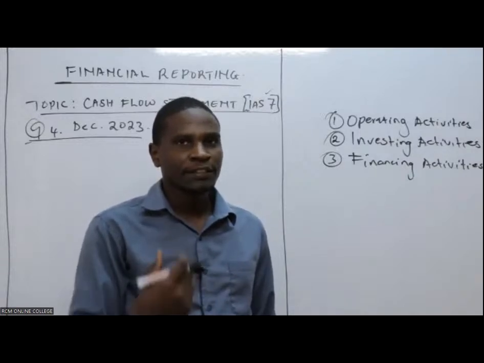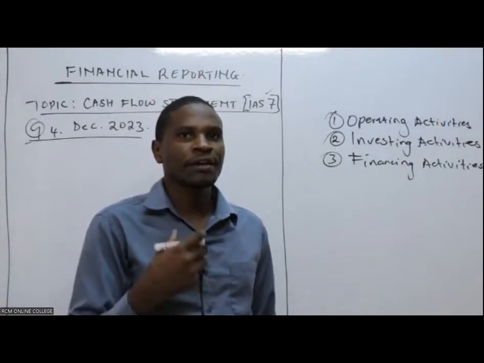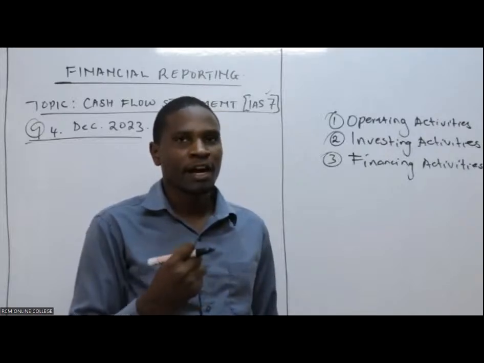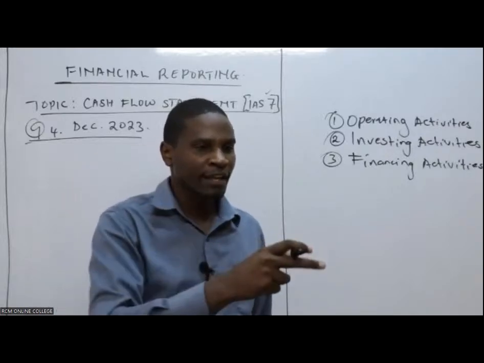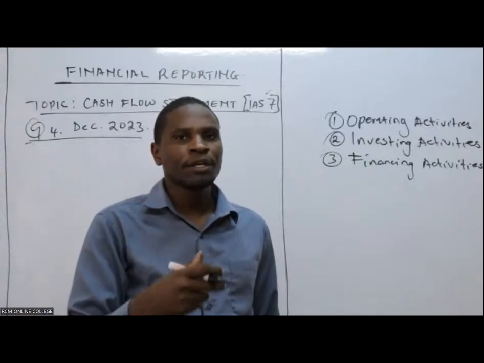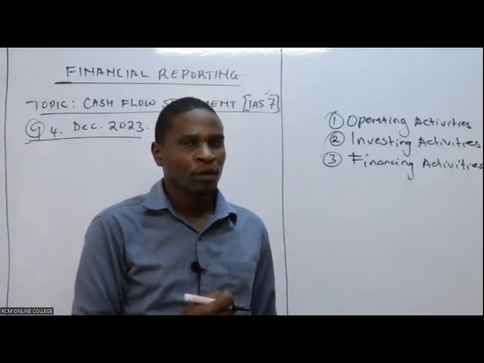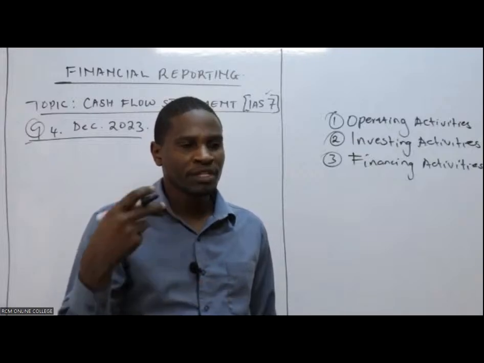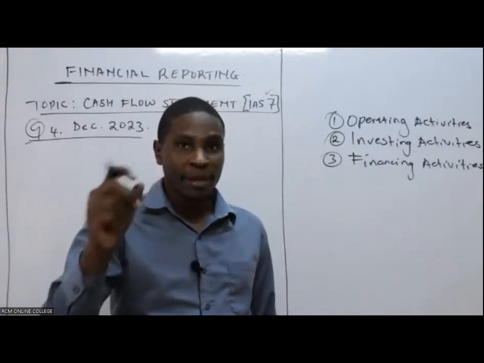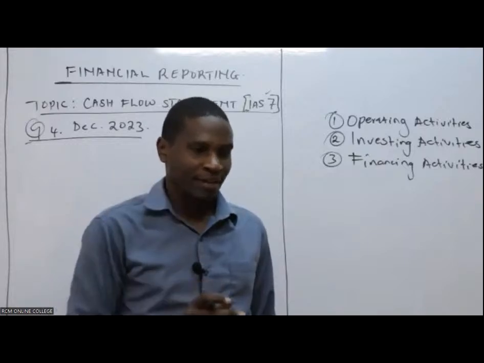Investing activity deals with non-current assets: did we purchase, did we sell? Then financing activity: we may sell shares, we may acquire a new loan, we may pay that loan, like that.